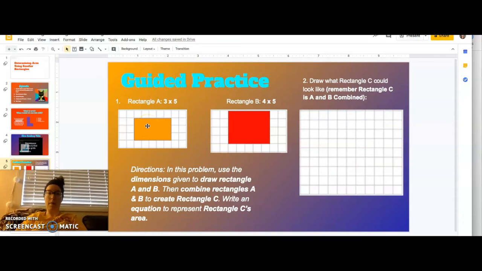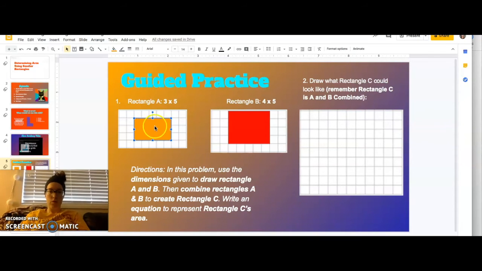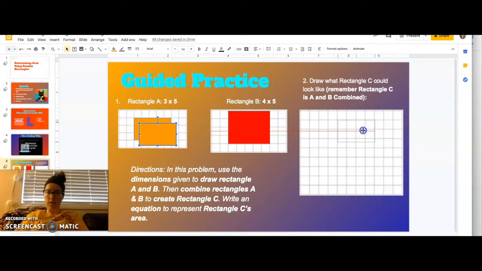Okay, so combine means to put them together. So let's move over rectangle A. I'm going to adjust it just a little bit because these squares are a teeny tiny bit bigger. So I'm going to adjust it to make sure that it's the right dimension. So 3 by 5.